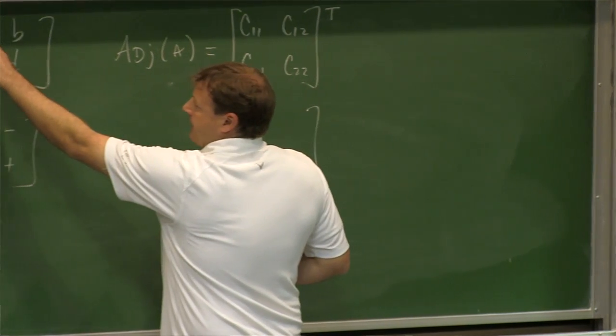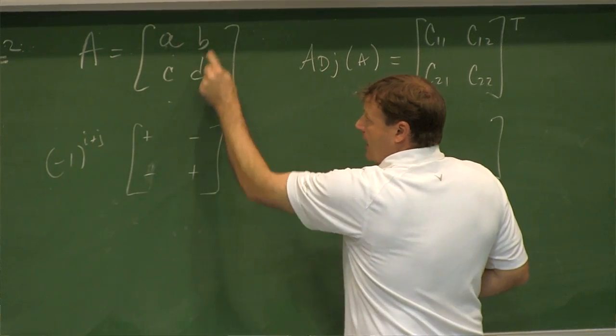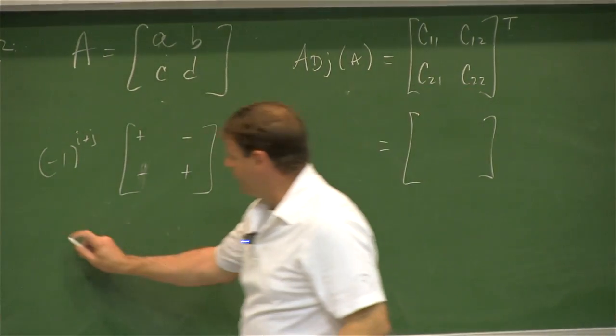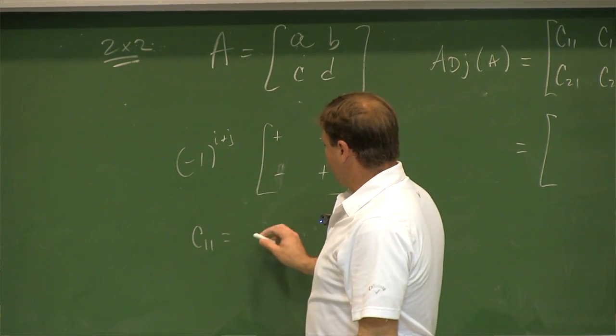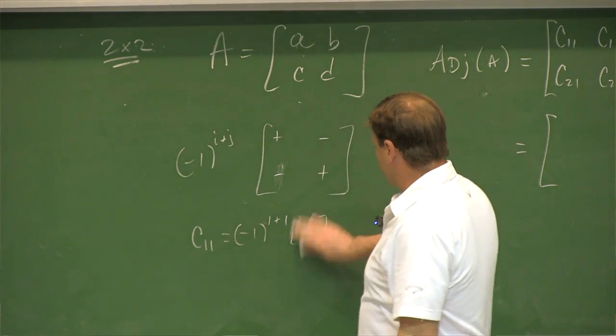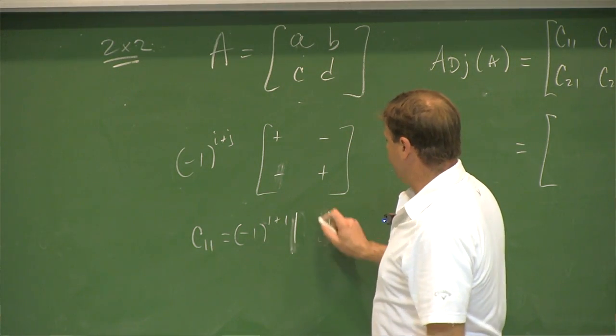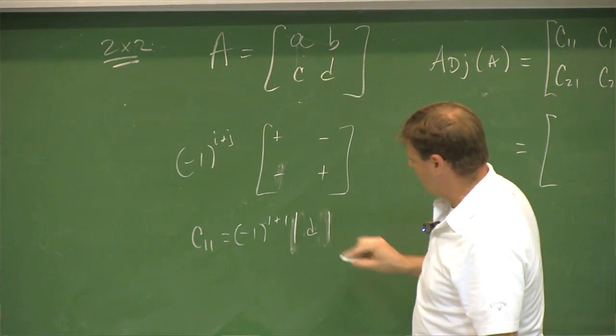When I do A, the cofactor is plus times, I cross that out, I get d. So let's write a few of these out. C11 is equal to negative 1 to the 1 plus 1 times the determinant of the matrix when I cross the first row and the first column out, so I just get d there.